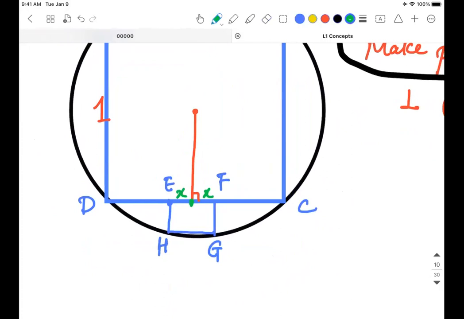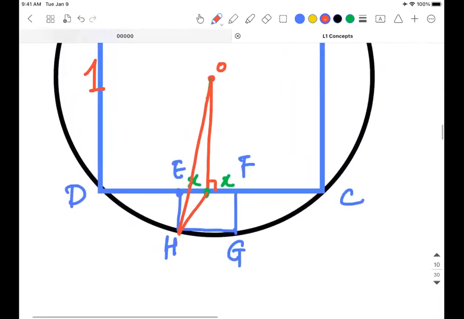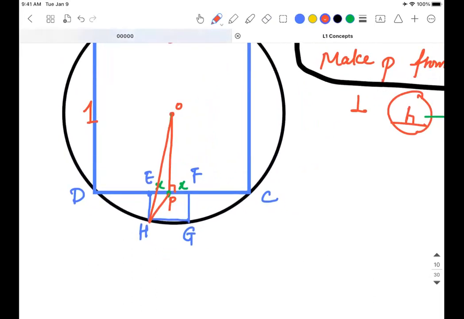I'm going to make a connection, change the color to red, from here to here. I'm going to also make another connection. Now let's focus on this little triangle. I'm going to name this point P. Let's focus on this very slim triangle, OPH.